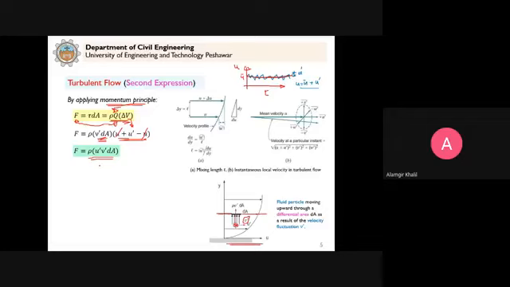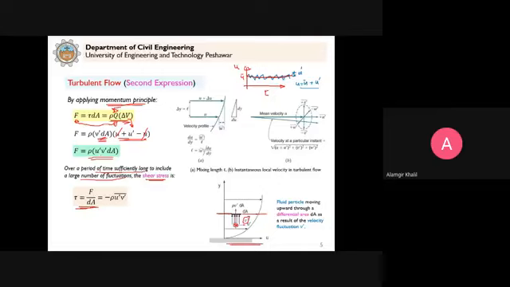Now if we consider this over a period of time that is sufficiently long to include a large number of fluctuations, then the shear stress will be equal to F by dA.